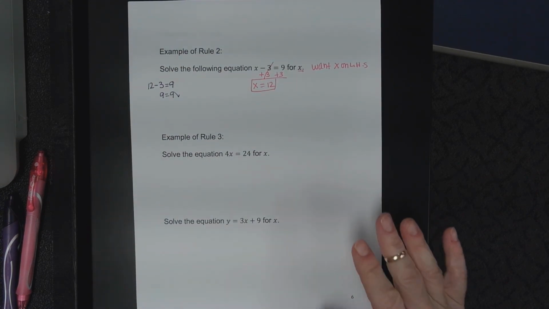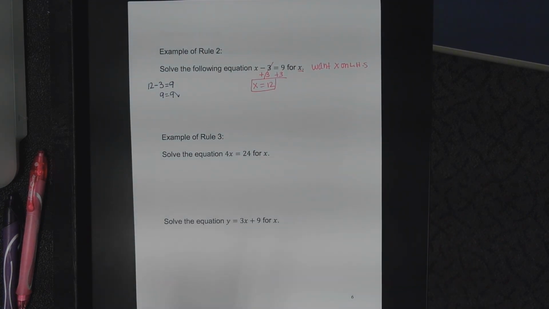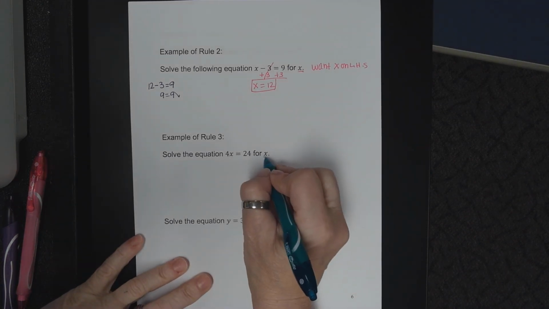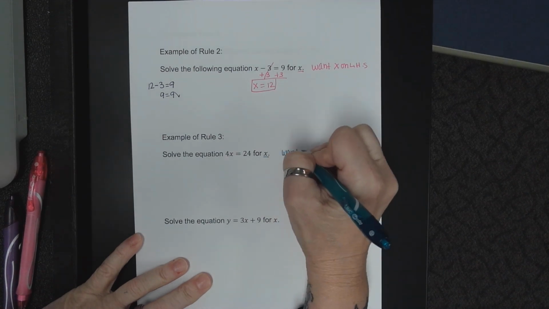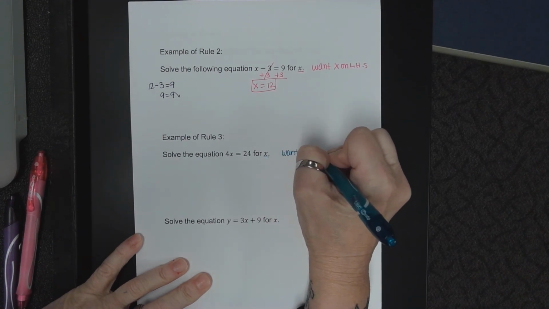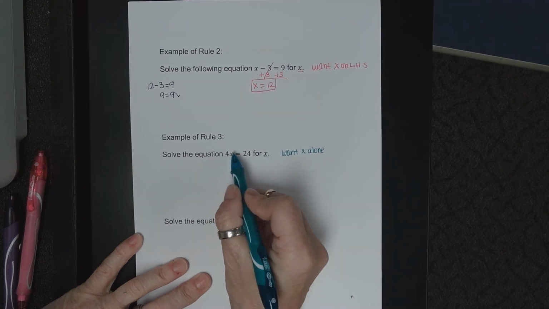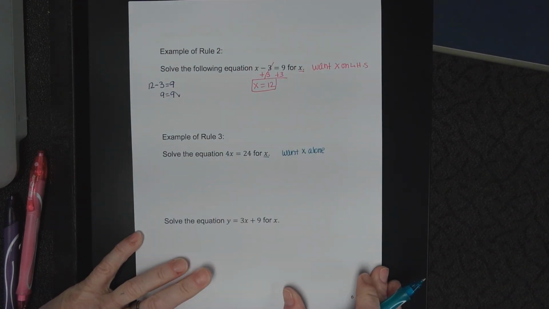Here, this one says we can multiply or divide as long as we do both sides by the same number. Let's do it. We're solving for x again, so we want x alone. It's already over here, so let's get him by himself.